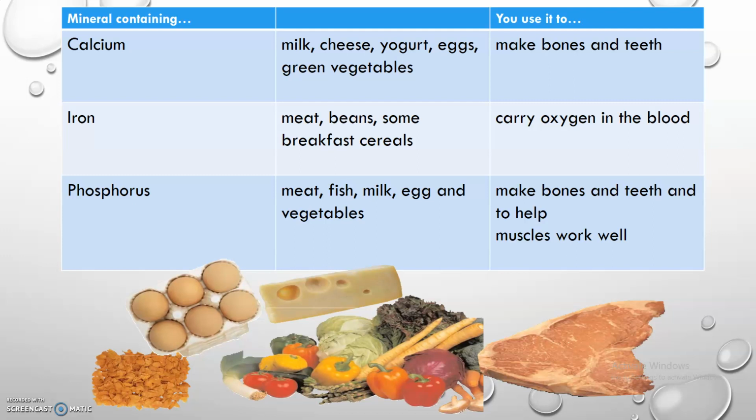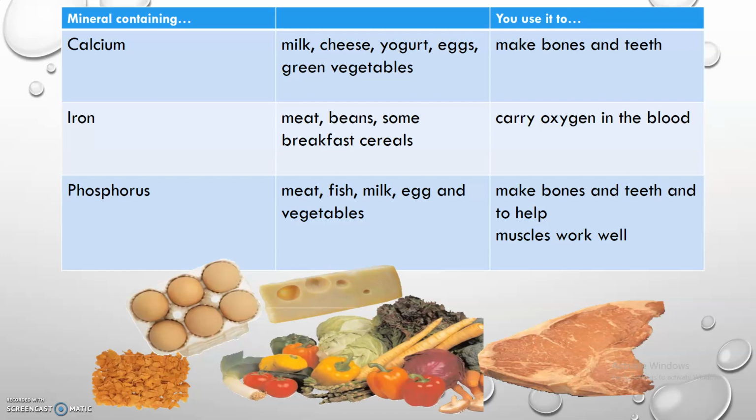Now next mineral is iron. Iron is found in meat, beans, some breakfast cereals. Now, what is it used for? It is used to carry oxygen in the blood. Okay, because hemoglobin, a red pigment present in blood, contains iron. Okay, now third one is phosphorus. Phosphorus is found in meat, fish, milk, egg and vegetables.